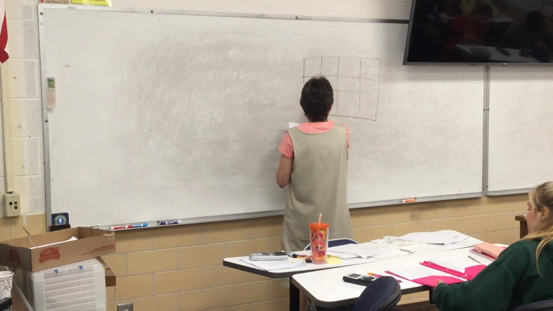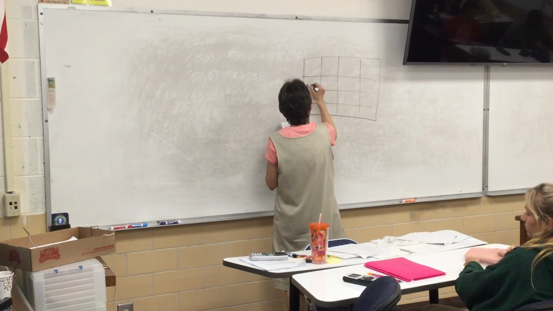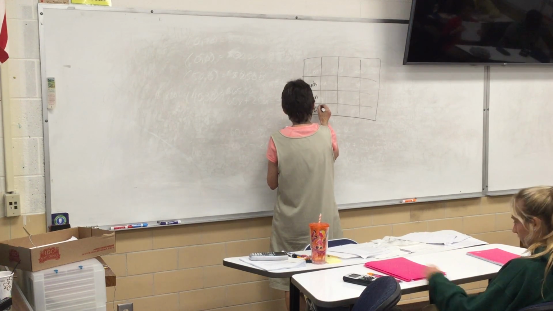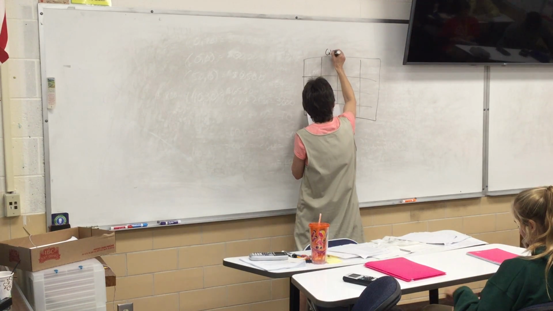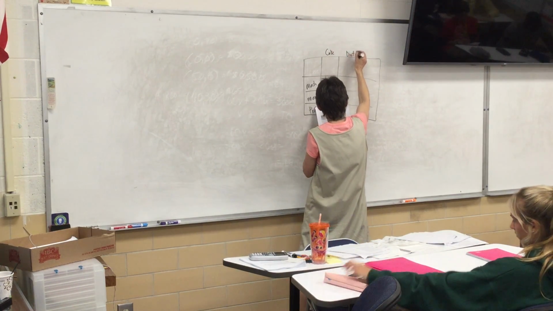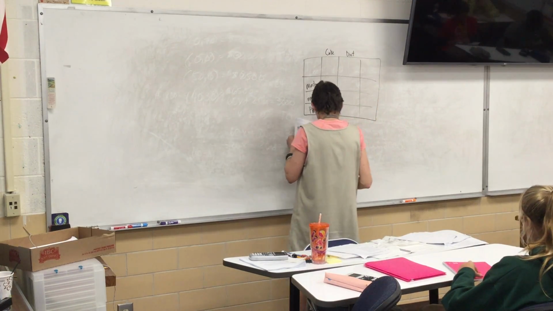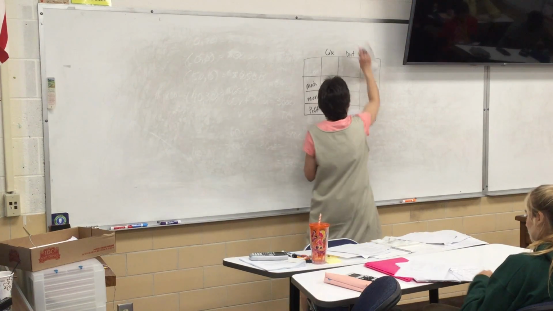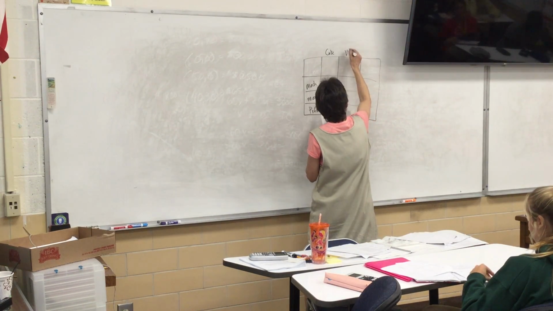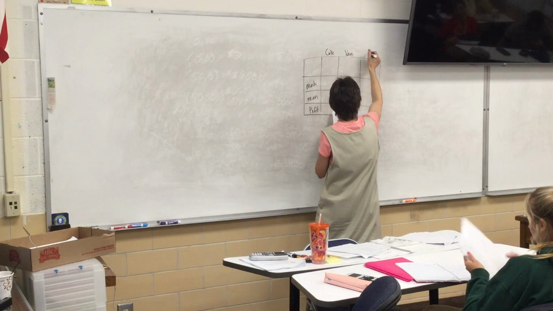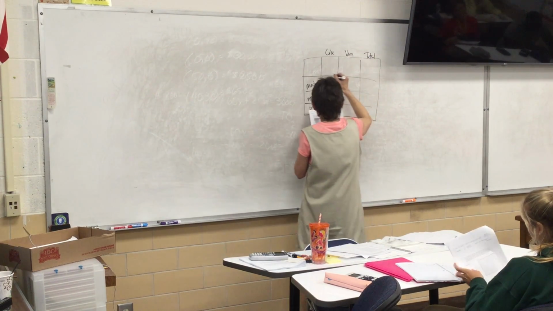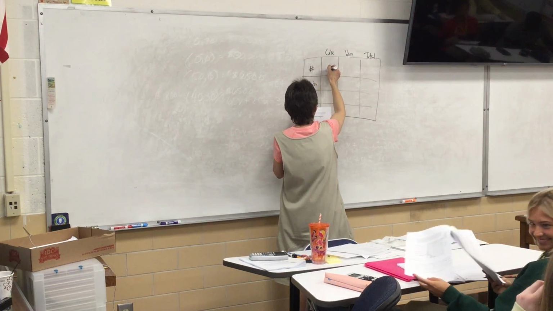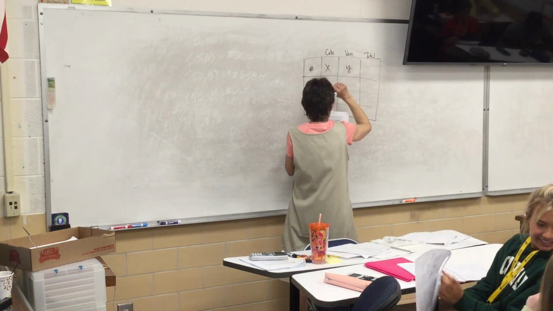I would like for you to read the problem and make sure you understand why we have the numbers where we have them. So you understand they're letting Coke be X and vanilla be Y.